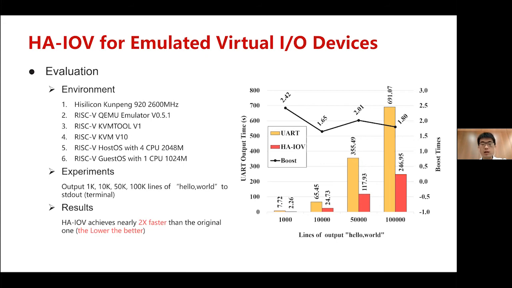Due to the lack of a standardized UART benchmark, we tested the performance of UART by outputting 1K, 10K, 50K, and 100K lengths of hello world to the terminal. As we can see from the right figure, the output speed of HA-IOV-based UART is nearly 2 times faster than the original one.